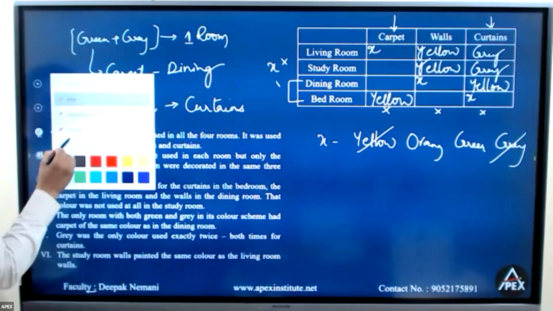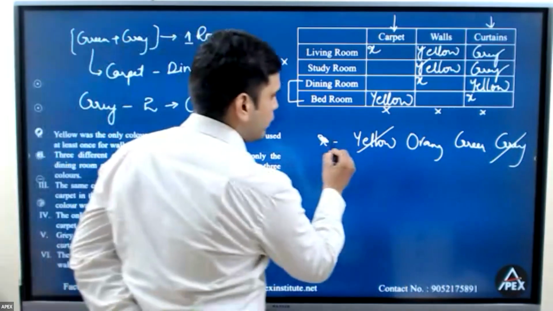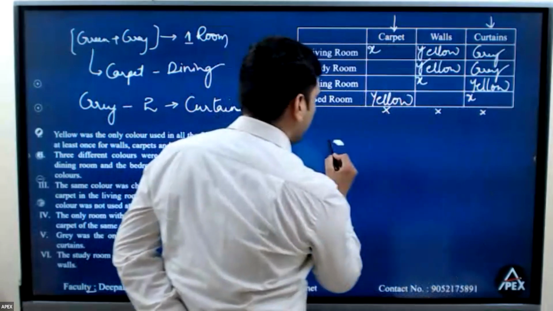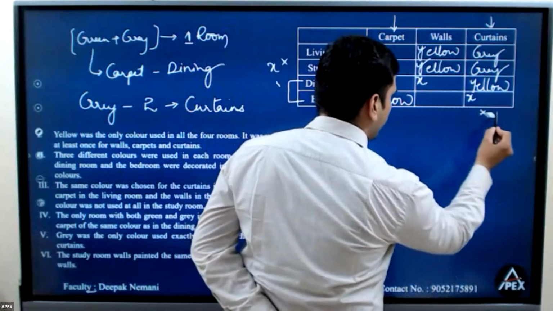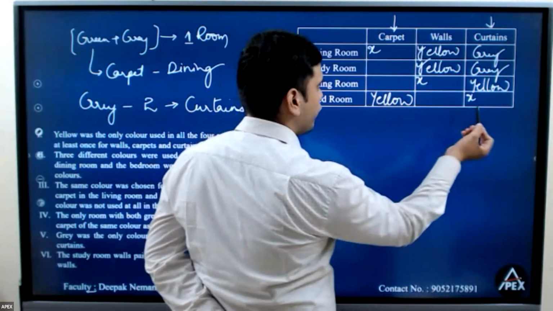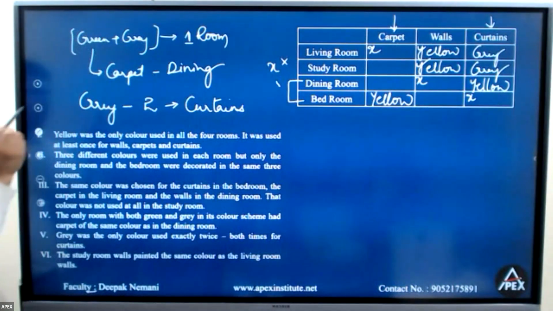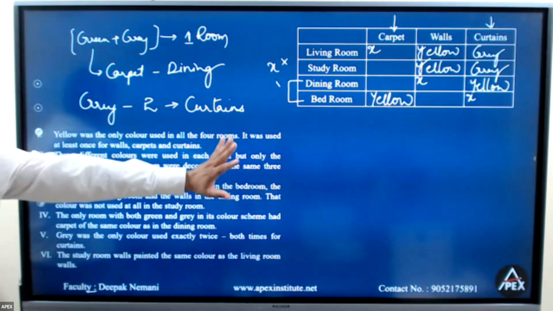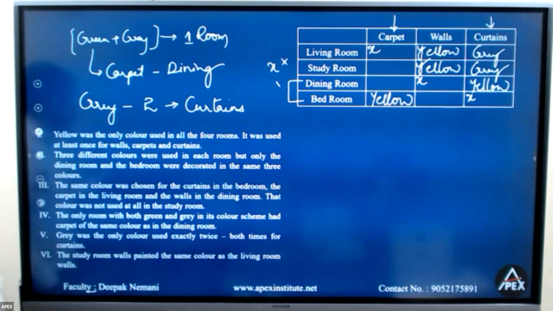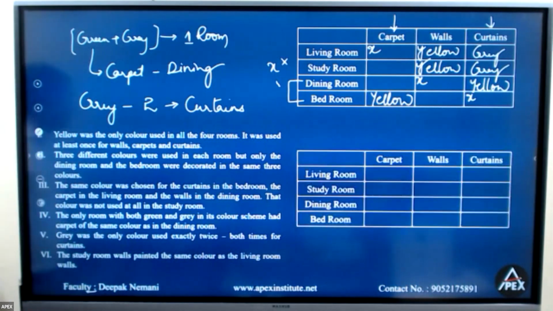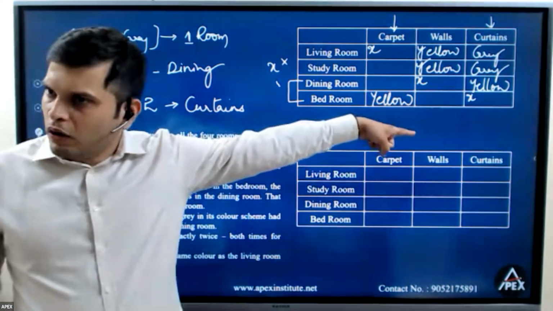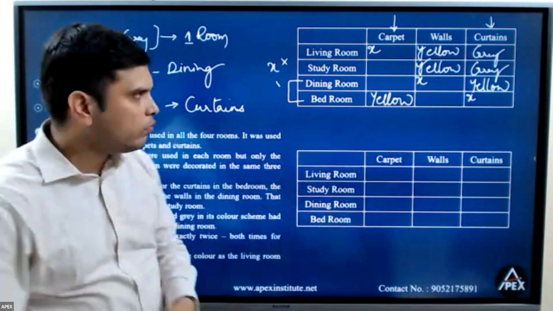Now if you have solved till here, and if you can find the value of the color that X represents directly, you can solve this set. But if someone is stuck here, how many possible cases do we have? 2, because X can be either orange or green.